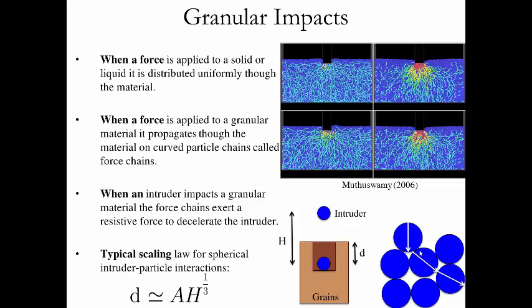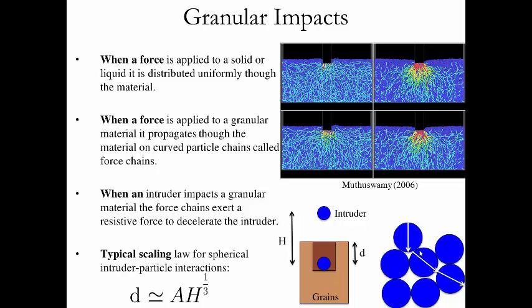So when an intruder impacts a granular material, the force chains exert resistive force to decelerate the intruder. So when you drop a ball into sand, the ball is going to stop at some depth because the granular material is exerting a force that resists it. A typical scaling law for spherical intruder/particle interactions is D is proportional to A H to the 1/3.